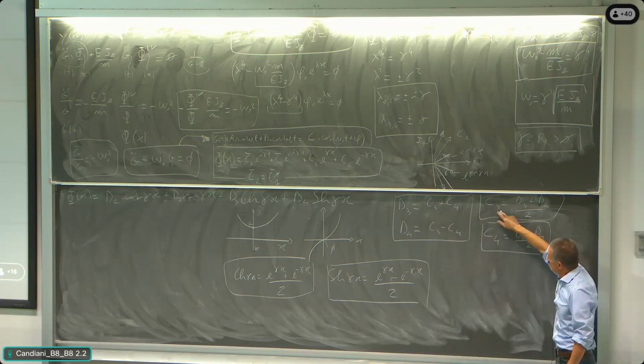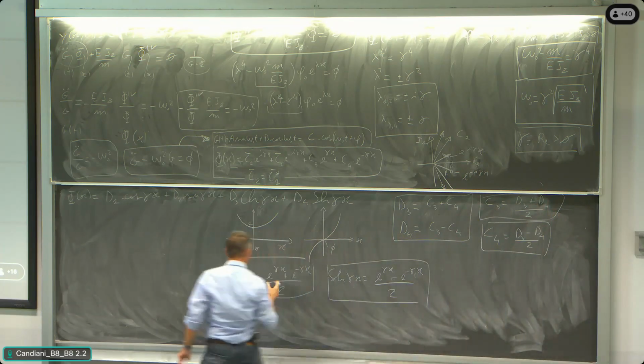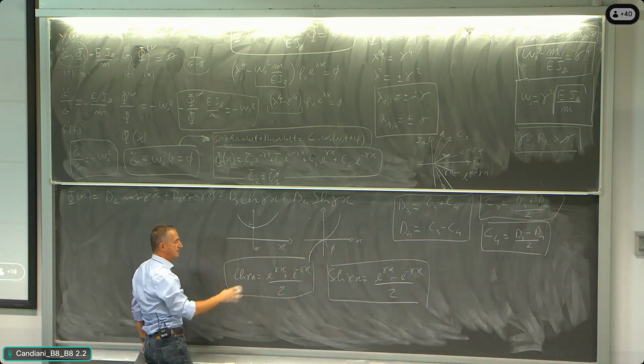So if you substitute this quantity instead of C3 and C4, you are writing something in which you can recognize this quantity, and it is simplified.